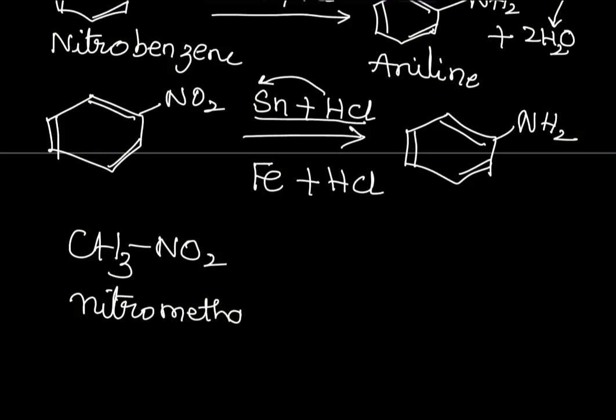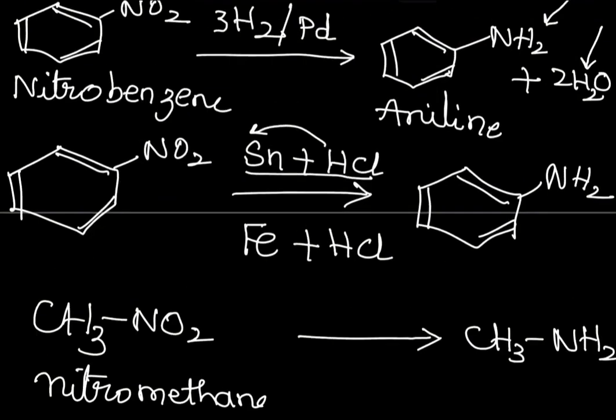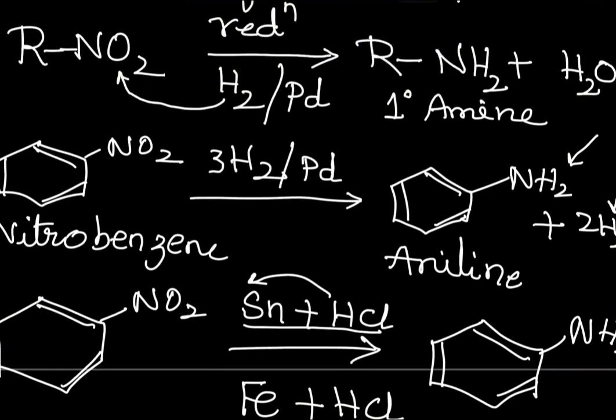In the exam they may ask, how do you convert nitromethane into methanamine or methylamine? What is the reagent you have to use? You can go for tin in hydrochloric acid, or iron powder in hydrochloric acid, or hydrogen palladium. In hydrogen palladium you can take ethanol as a solvent.